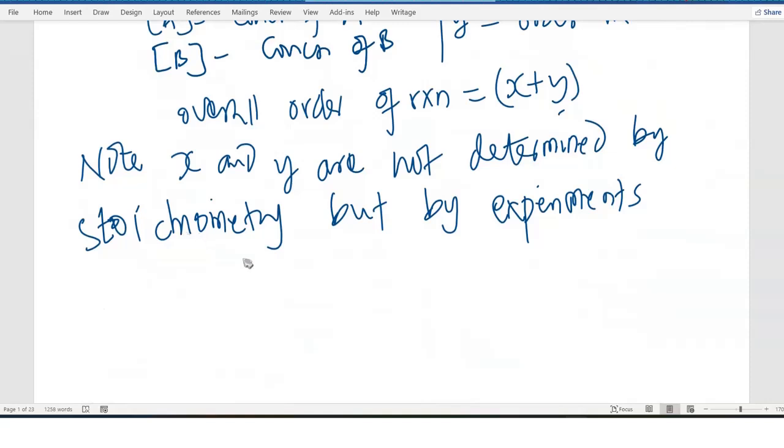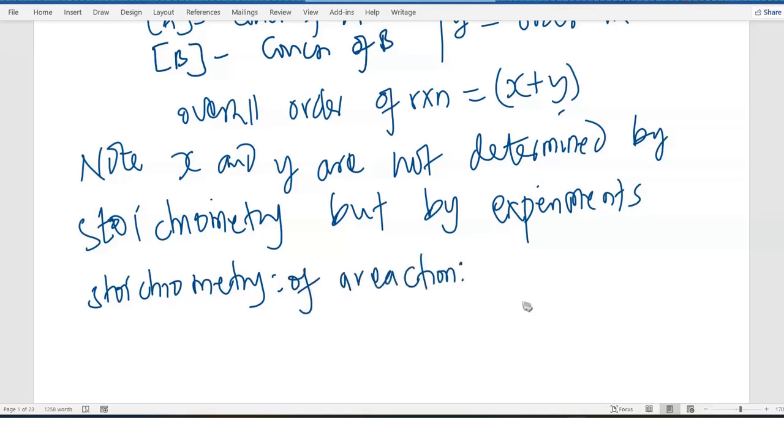And obviously stoichiometry itself, if you wanted the definition, we are looking at the stoichiometry of a reaction obeying the quantitative relationships.